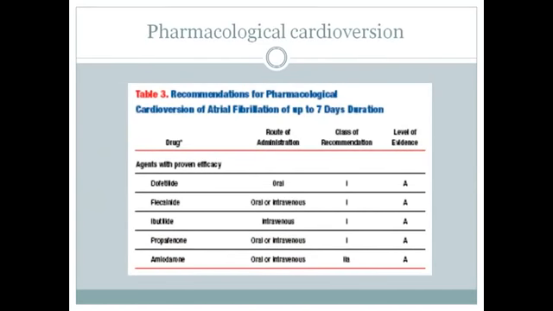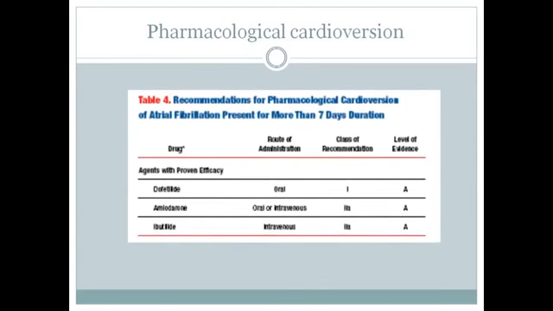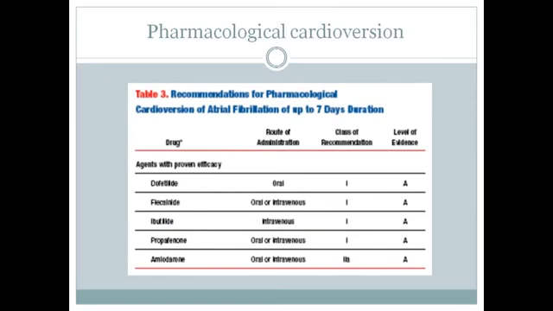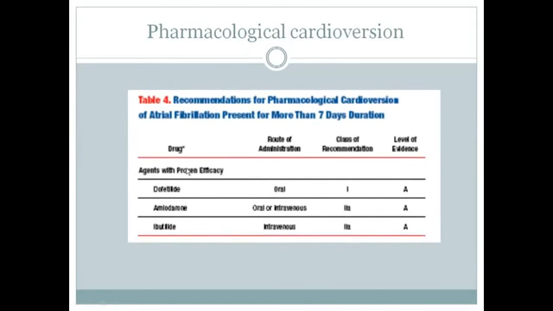The guidelines give you a couple of tables for pharmacological cardioversion: one for more than 7 days duration, and the next for less than 7 days. If you look, the only difference between these two is that in less than 7 days you have the oral options, the class 1Cs, flecainide and propafenone. The other things are the same. You have amiodarone, ibutilide, that is IV, and dofetilide.